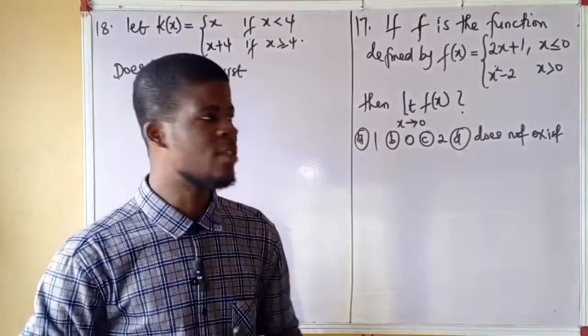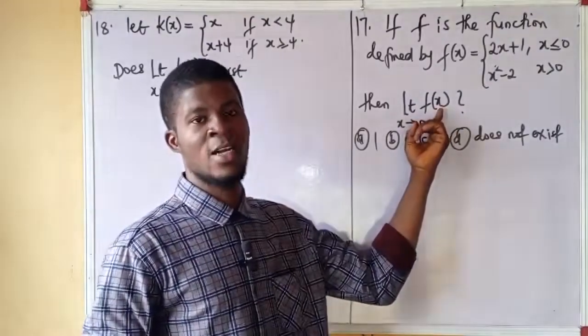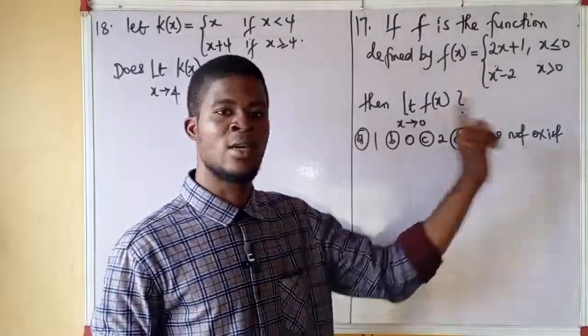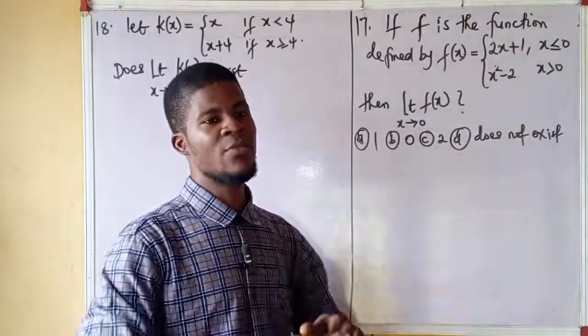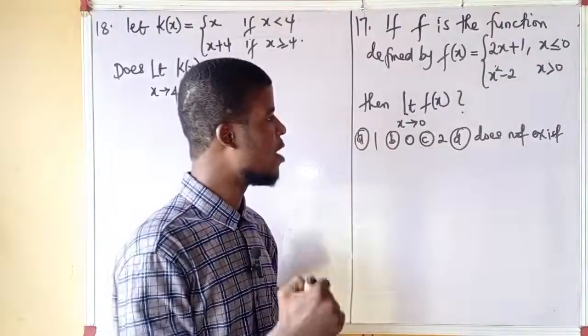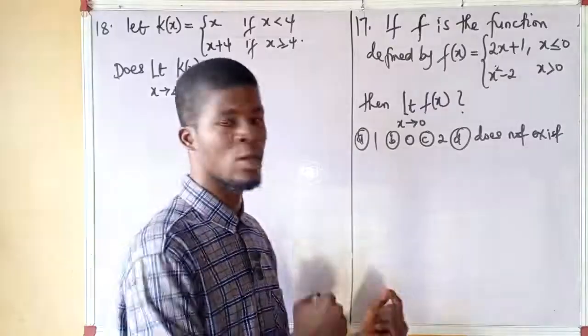Alright, this is the idea. The limit of this function will exist when the left-hand limit is equal to the right-hand limit. But if the left-hand limit and right-hand limit are not equal, then we say that it does not exist because there is a discontinuity at that particular point.